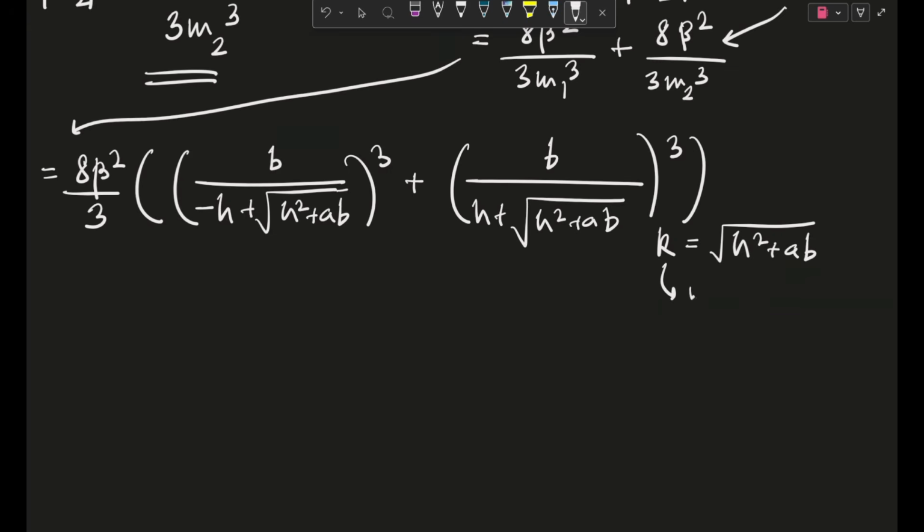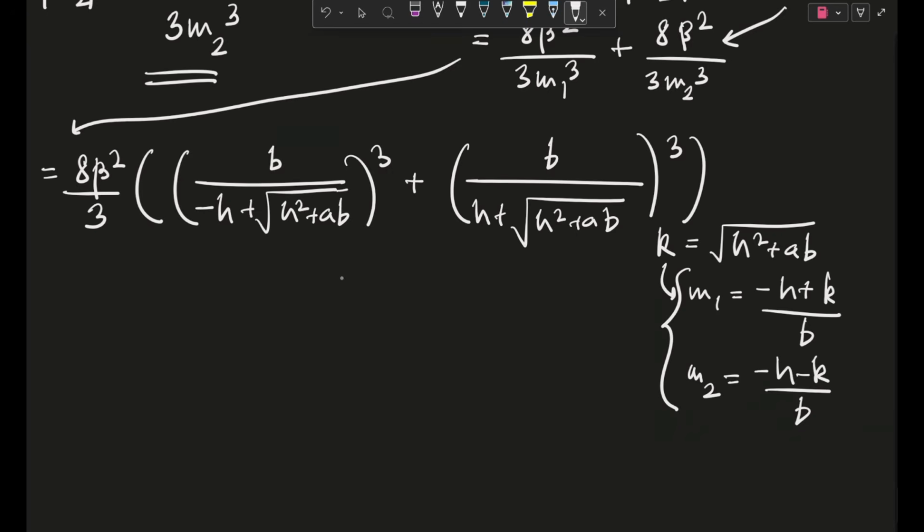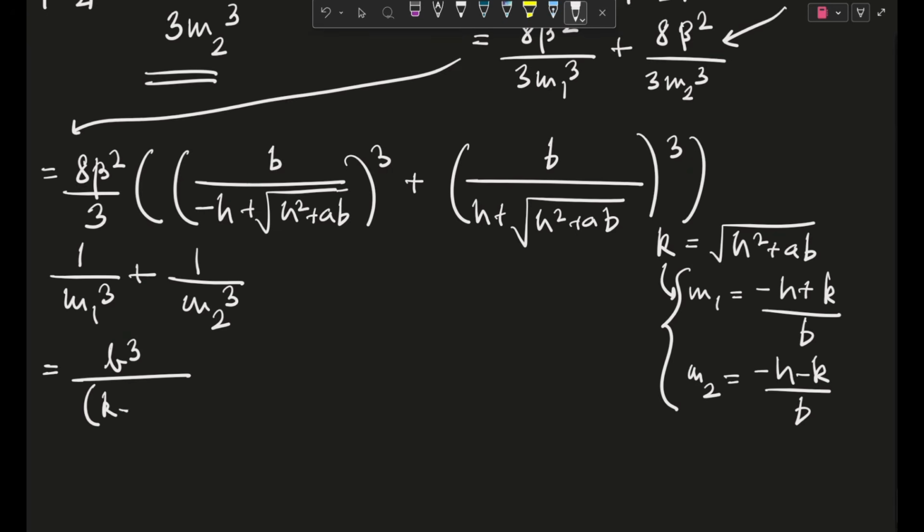So from here your m₁ will become (−h + k)/b, and m₂ will become (−h − k)/b. Okay. Now if we want to calculate 1/m₁³ + 1/m₂³ a little separately, then this will come out to be b³ whole divided by (k − h) whole cube plus b³ whole divided by, I guess, (k + h) whole cube.